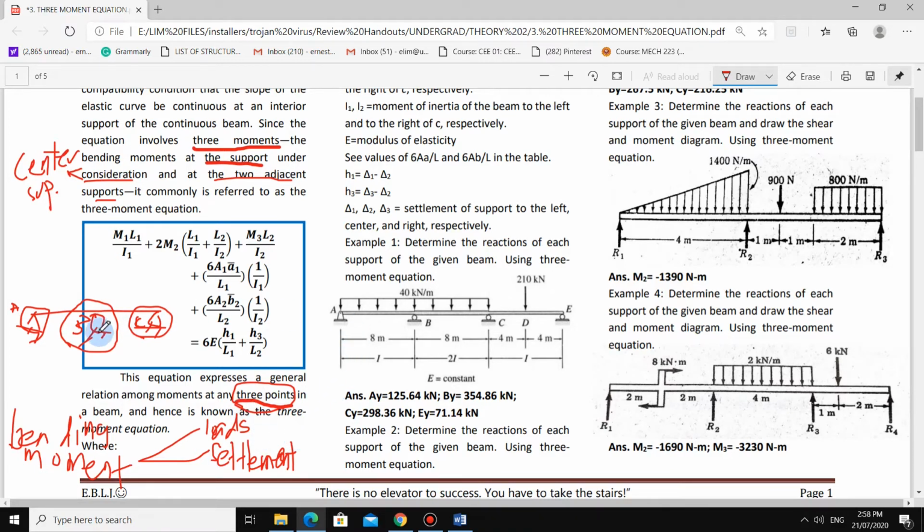Like in this example, say B settles. Your beam will bend, with settlement at point B. Say delta B is the settlement. That delta B will cause an additional moment, called secondary moments. And lastly, what gives a bending moment is the redundant itself.